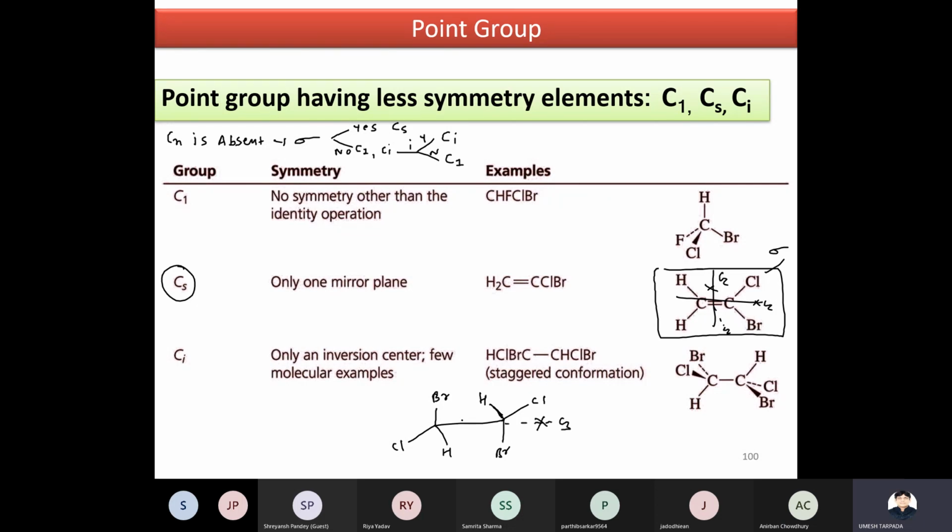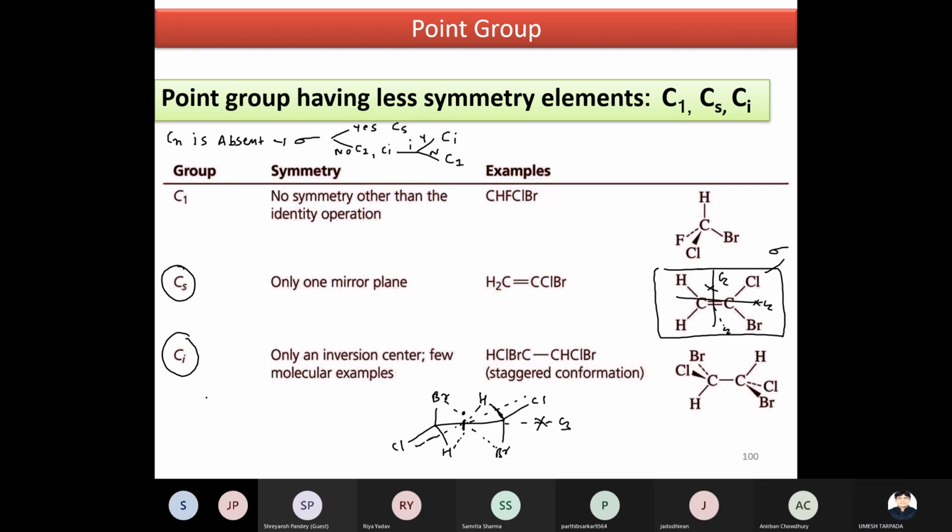It cannot give you an equivalent structure, but you can have here a point of inversion I. Because on opposite sides there is no sigma h or sigma v, any plane is also not there, but you can have a Ci, that is at equal distance on opposite side, equal number of atoms are there, and therefore its point group is Ci.